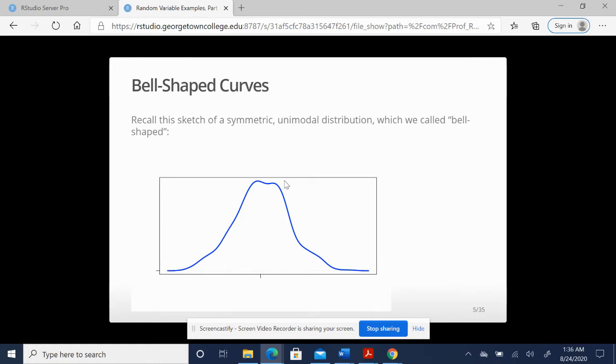If you remember a density plot, we should see the majority of the outcomes at the peak of the plot and very few of the outcomes out at the ends. So position inside or under this bell-shaped curve is going to determine probability, based on the fact that the total area is set equal to 1.